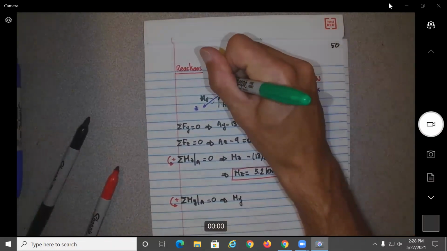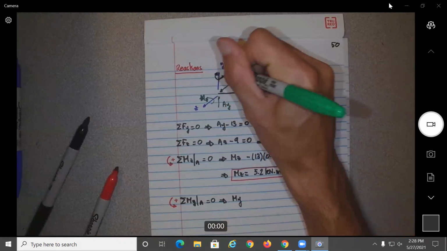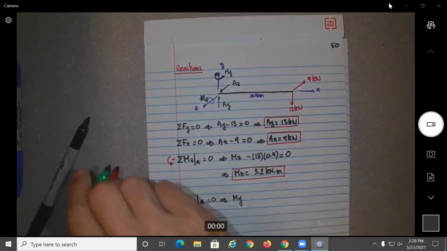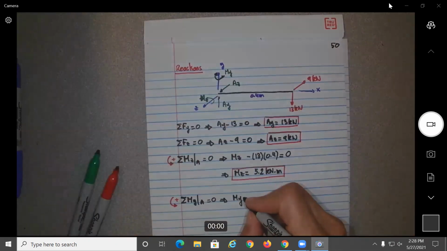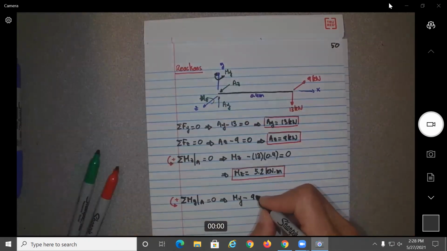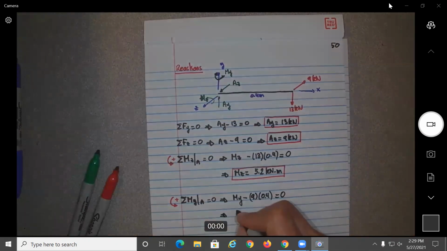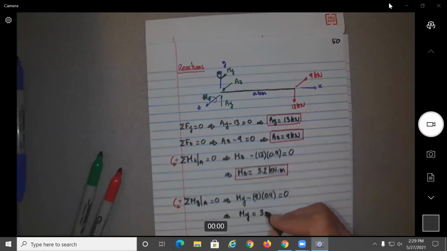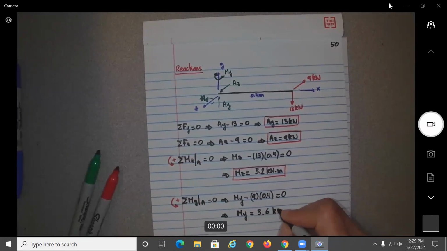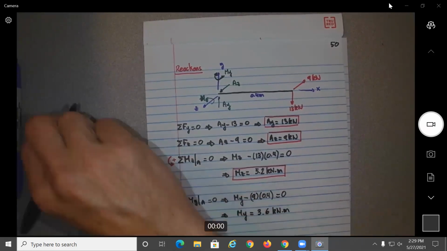It doesn't really matter, but generally we say that counterclockwise is positive. So this will be positive. Now this would create a clockwise moment, so it will be minus 9 times 0.4 equal to 0, which will give you that the moment My equal to 3.6 kilonewtons per meter.